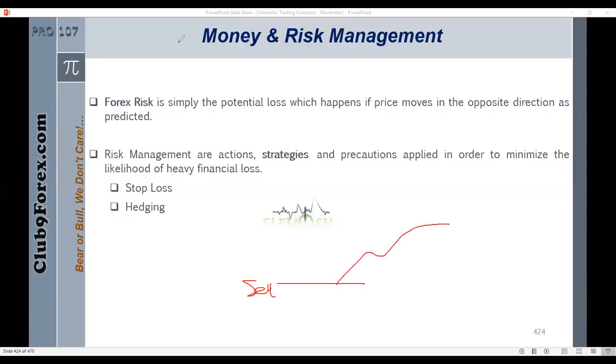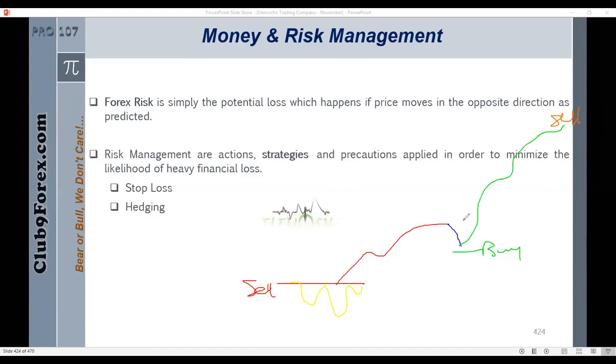Now you understand that you did not see the inverse head and shoulders pattern that triggered before you took the sell. So you can decide that, okay, when price pulls down, I'm going to take another position for a buy. So you can take a buy right here up until price gets to the level where the overall reversal starts. Then from that point onwards, you can start looking to sell from there.